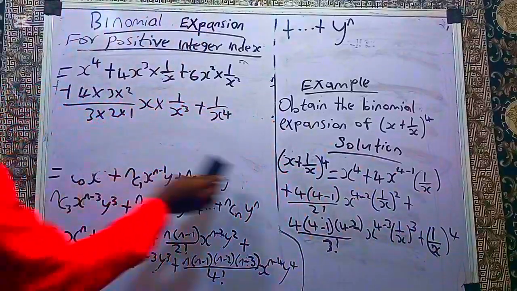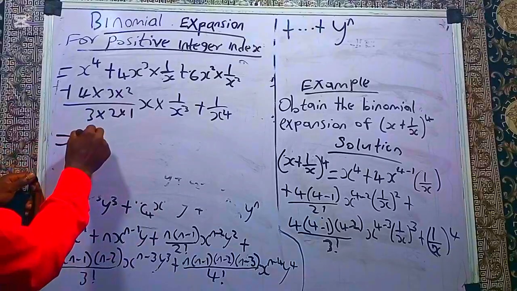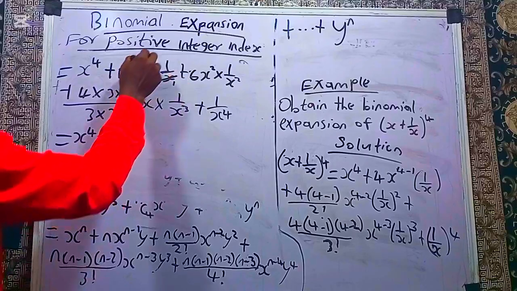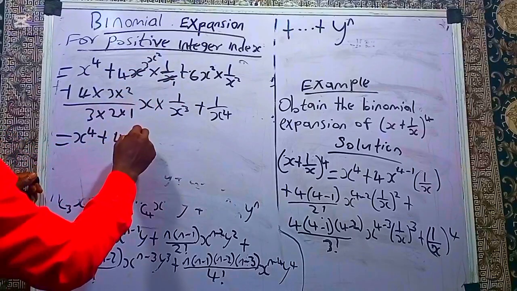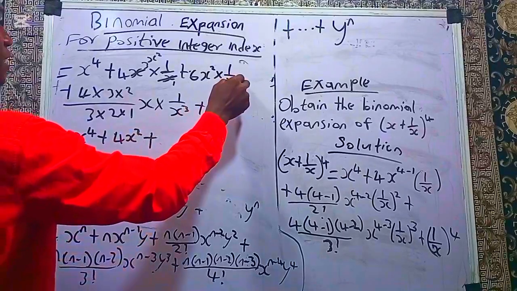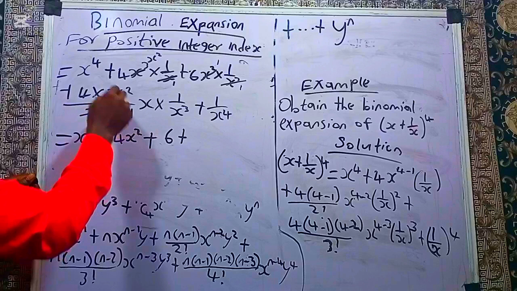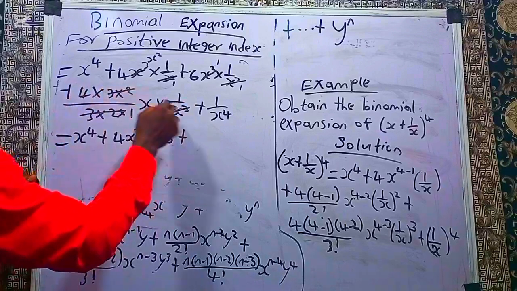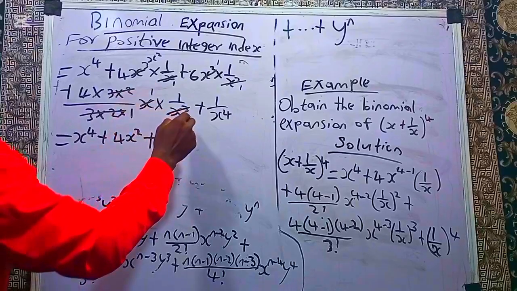So this will give us what? x power 4, plus this x divided by itself, x divided by x power 2, so 4x power 2. Plus this divided by 3 factorial, this divided by 6, plus 6, plus this goes into this, and x divided by x power 2.